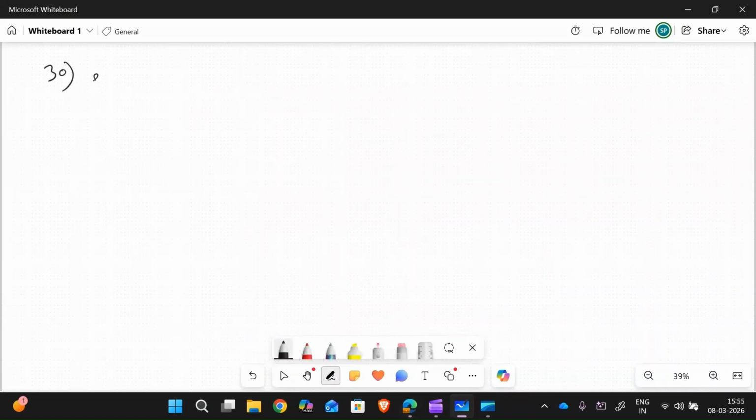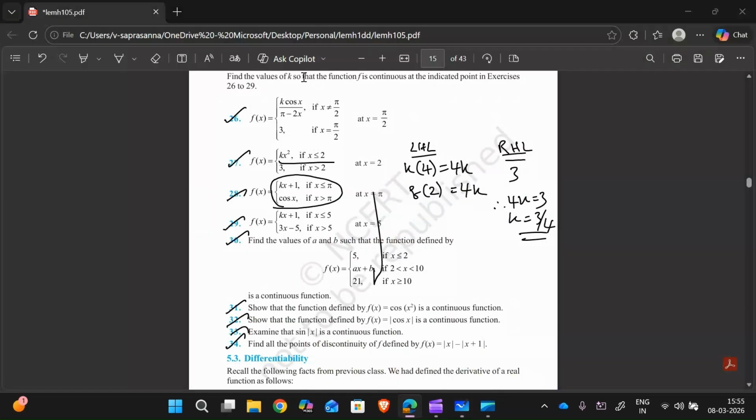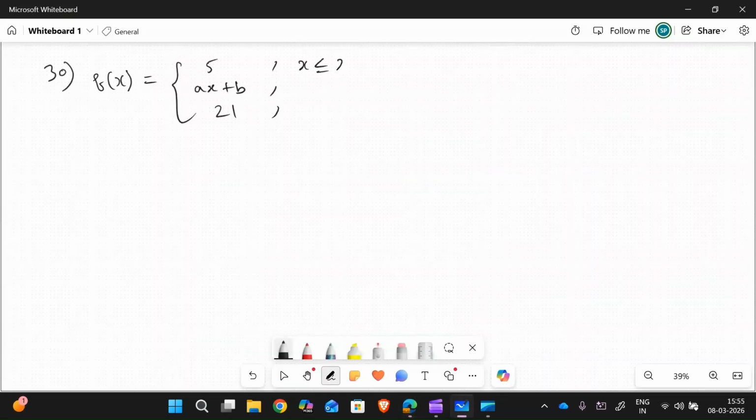The 30th question is nothing but f of x is equal to 5 if x is less than or equal to 2, ax plus b if 2 is less than x less than 10, which is x lying between 2 and 10, and 21 if x is greater than 10.